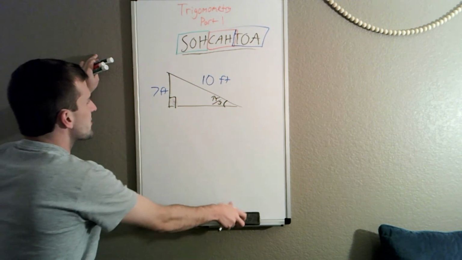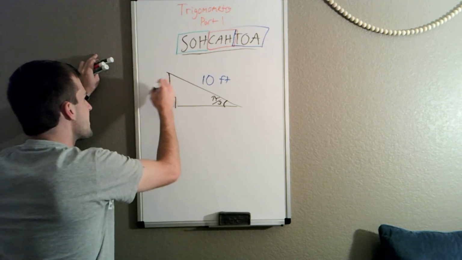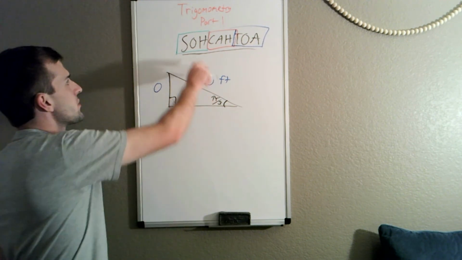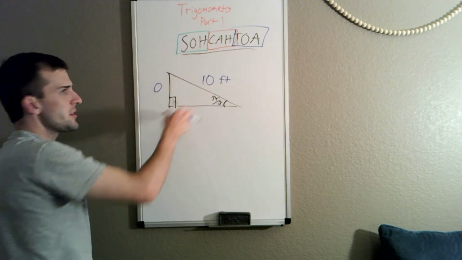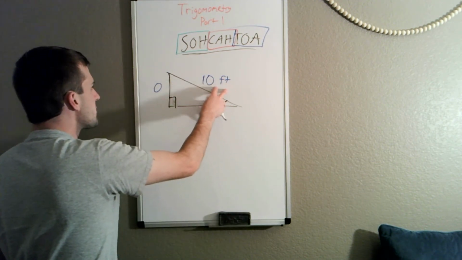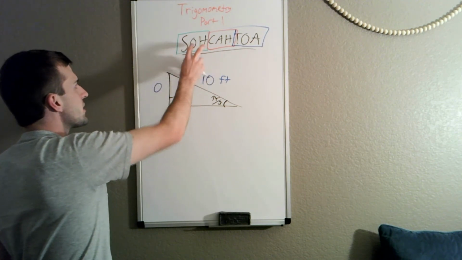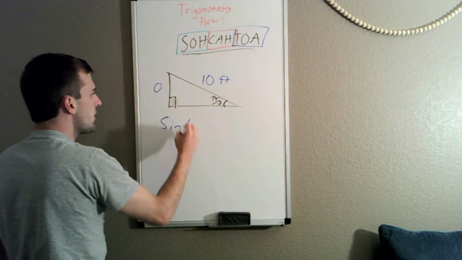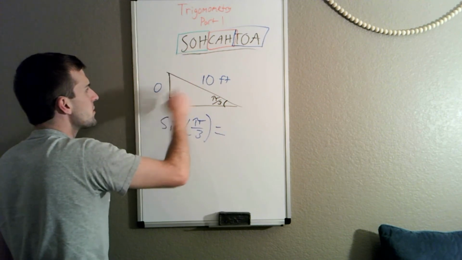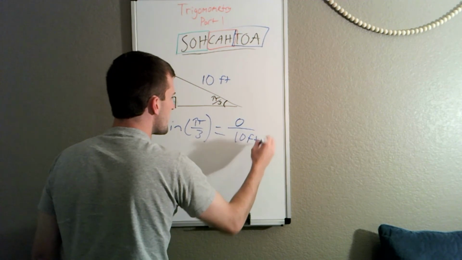And let's say, actually, now let's say we don't know the value of the opposite side, but we want to find it. So to figure out which one of these we need to use, we just need to look at what pieces we have and what we're looking for. We have the angle, we have the hypotenuse, and we're looking for opposite. The only one here that has opposite and hypotenuse is sine, so we're going to be using sine of pi over 3 is equal to opposite over hypotenuse, 10 feet.